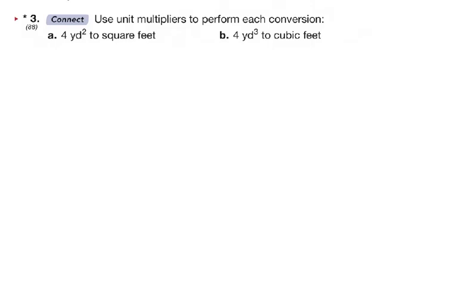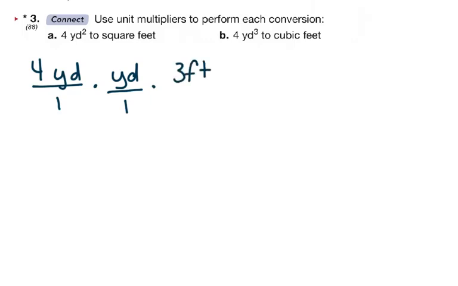Use unit multipliers to perform each conversion. We have 4 yards squared to square feet. So we have 4 yards, and it's squared, so times yards. And we want to make it into square feet. And we know there's 3 feet in a yard.